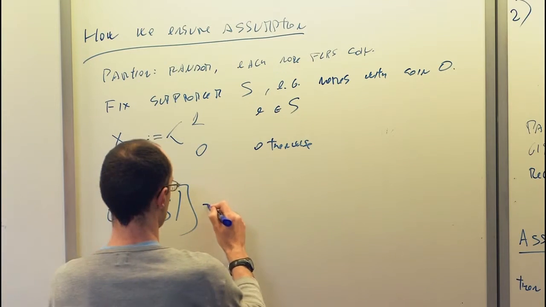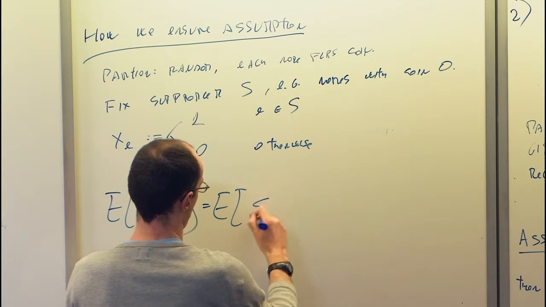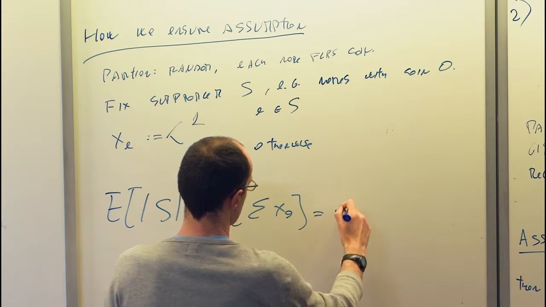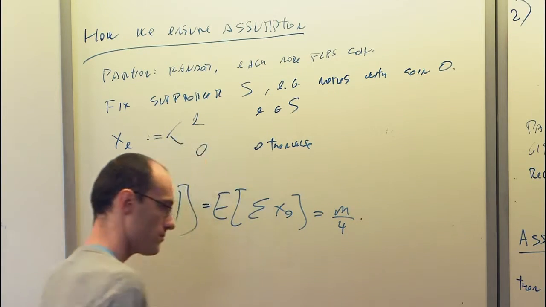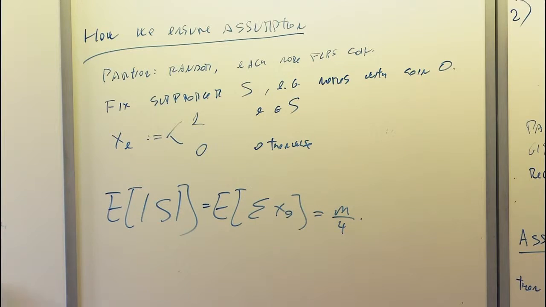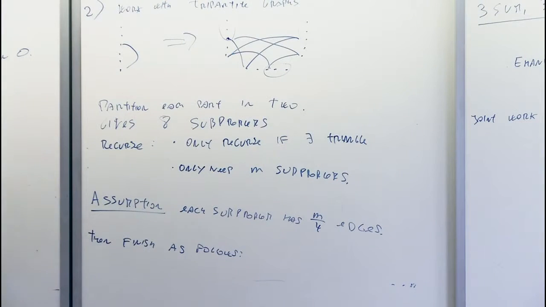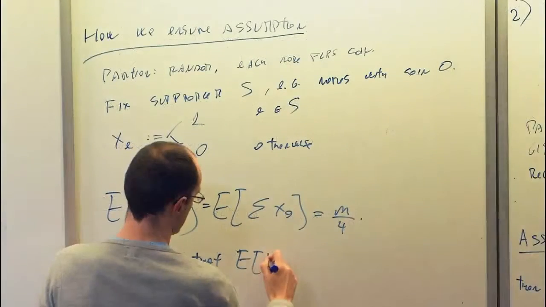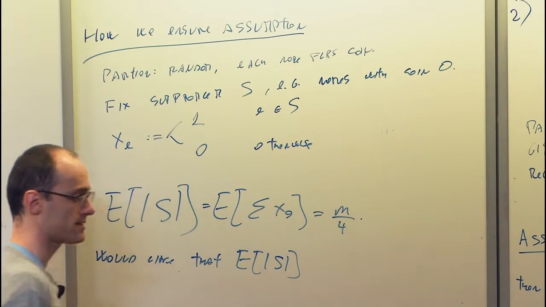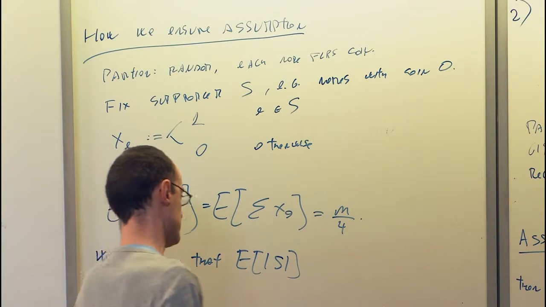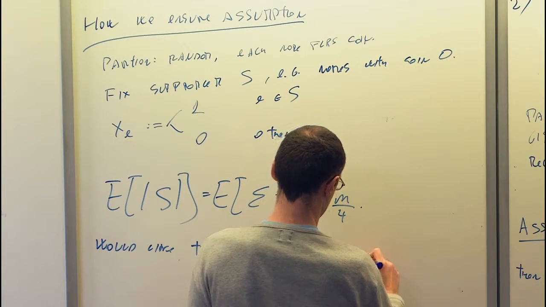It's obviously the sum of the x_e, which is m over 4. So we are good in expectation, but we want to ensure that each subproblem has about m over 4 edges. We would like the size of S to be concentrated around its expectation.